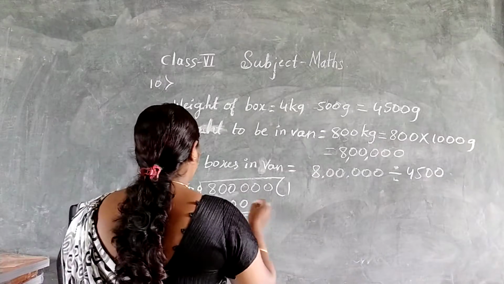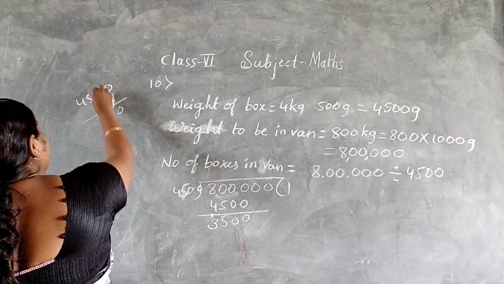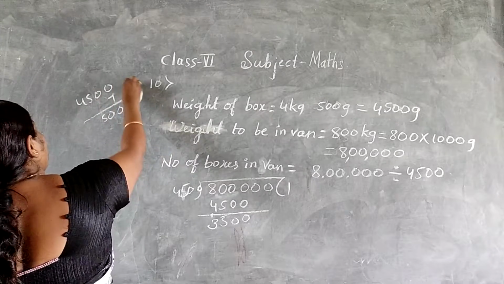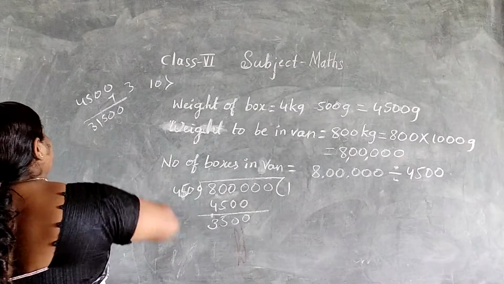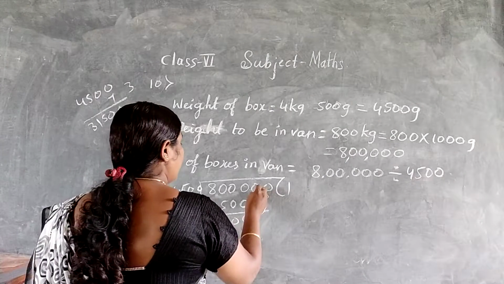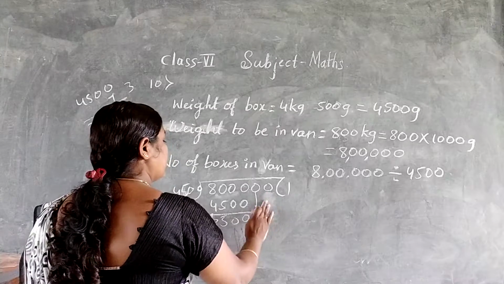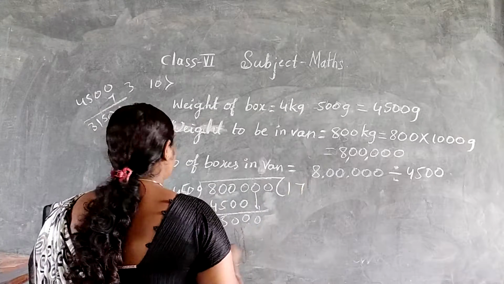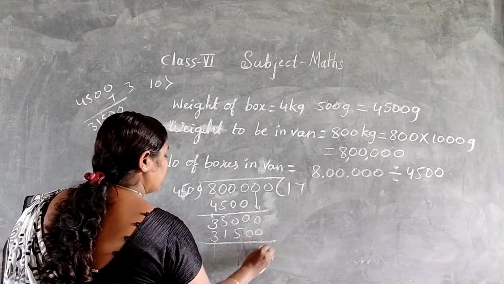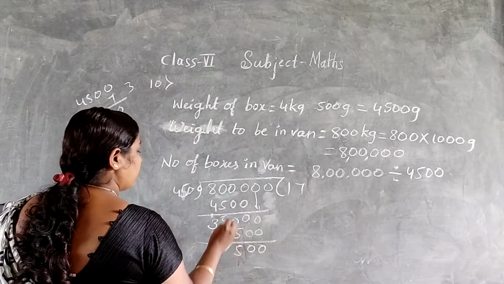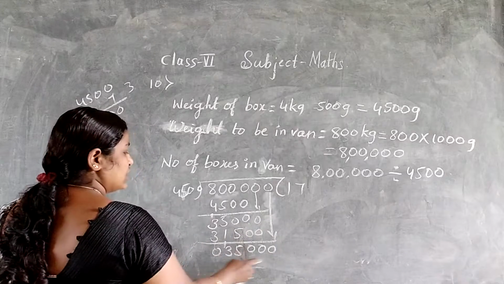Then 4500 sevens are 31,500. So take the next zero. 10 you take. 7s are 31,500. 10 minus 5, 5. 5 minus 1, 3, and 0. Again take the next 0.